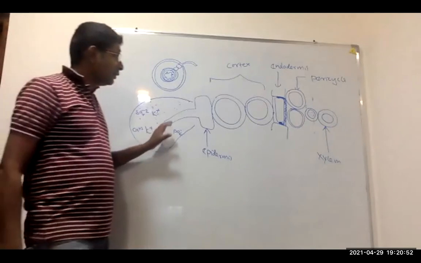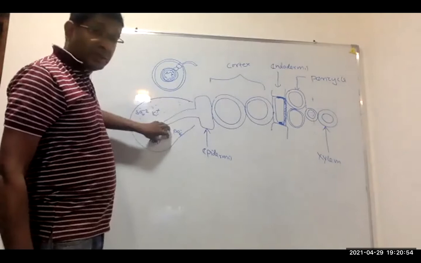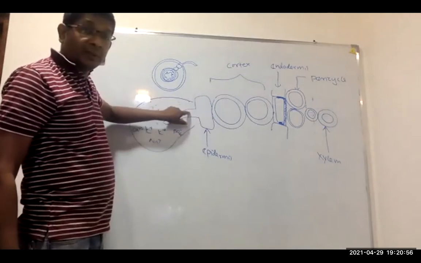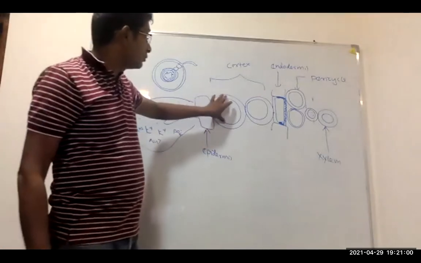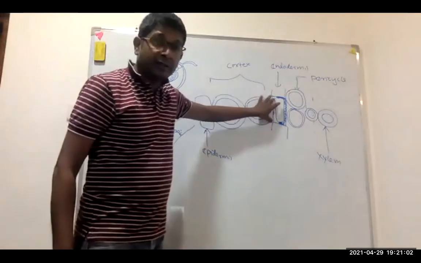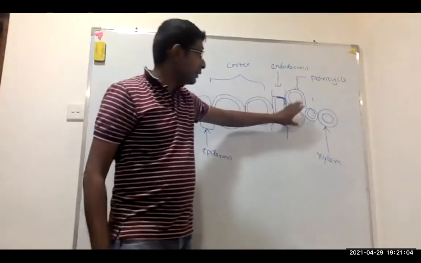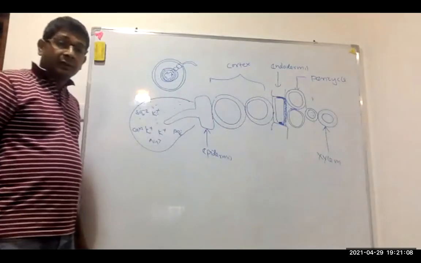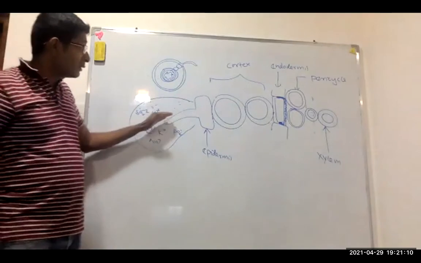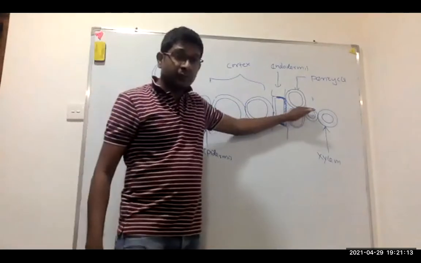Now first of all, the water should be absorbed by the epidermis. After that, it passes to the cortex and endodermis. Then finally the pericycle and then later the xylem. Right? Then this is known as radial transportation of water.